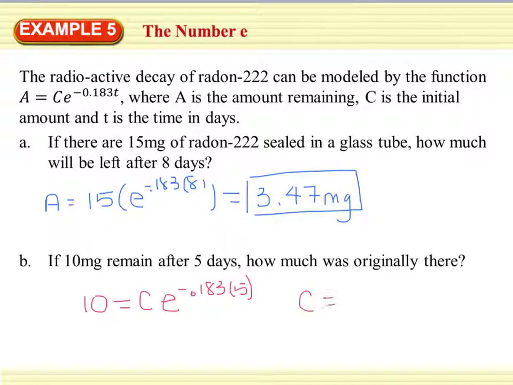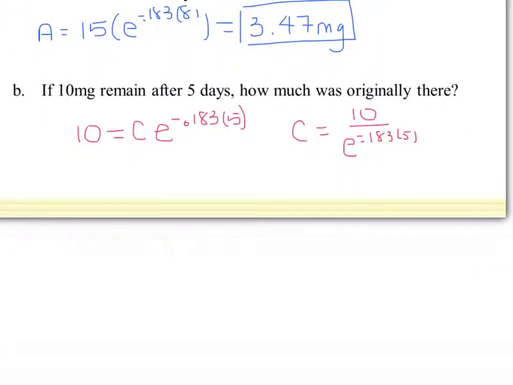So C then is going to be found by taking 10 and dividing it by that e value, or e to the negative 0.183 times 5. And when we simplify then, we end up with a value of C that is equal to somewhere around 24.8 milligrams.